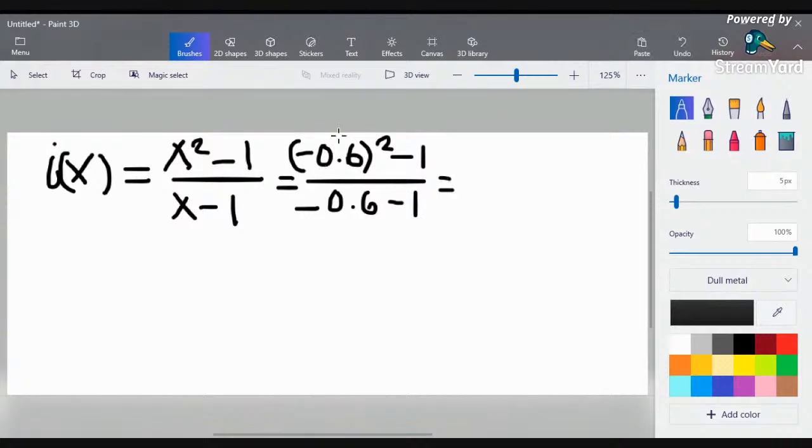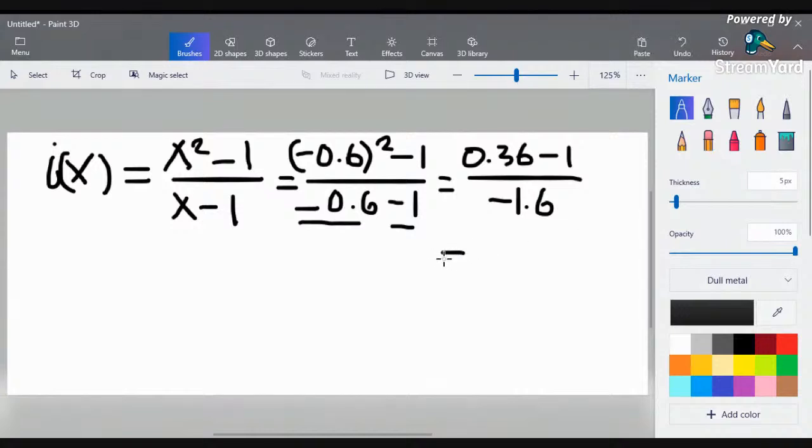Negative 0.6 squared, negative times negative, we have positive 0.36, minus 1, all over negative 0.6 minus 1, that is negative 1.6.